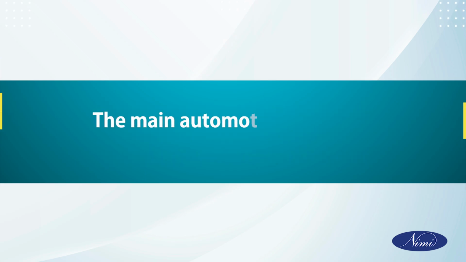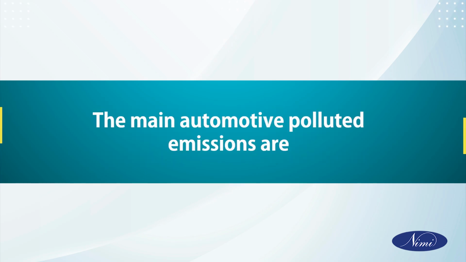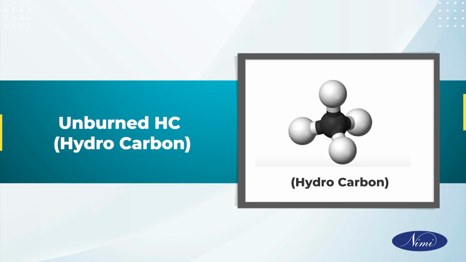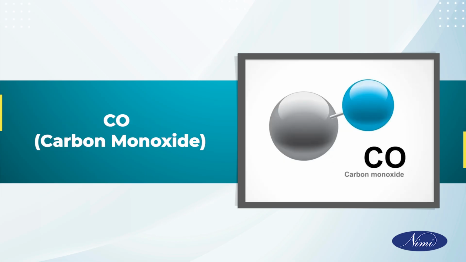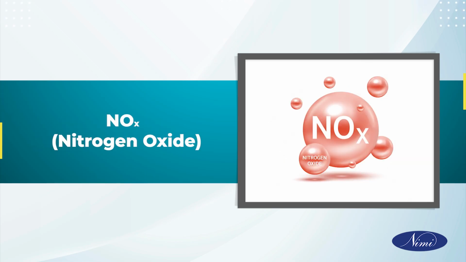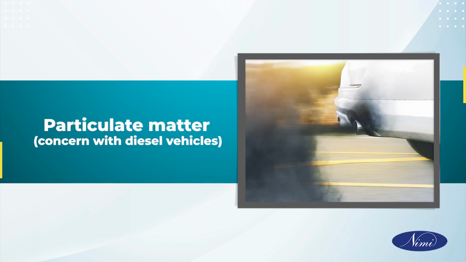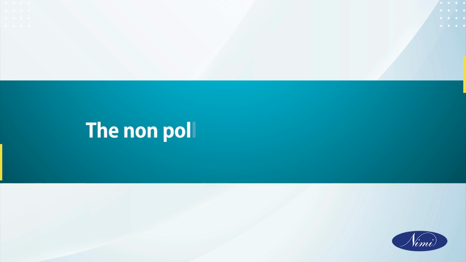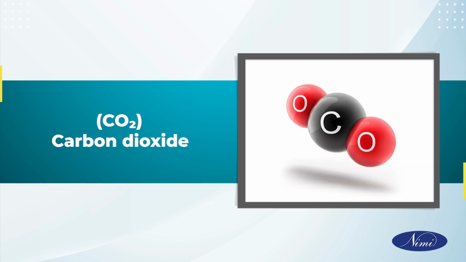The main automotive polluted emissions are unburned HC, hydrocarbon, CO, carbon monoxide, NOx, nitrogen oxide, and particulate matter, a concern with diesel vehicles. The non-pollutant emission is CO2, carbon dioxide.